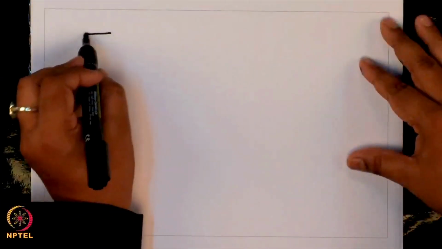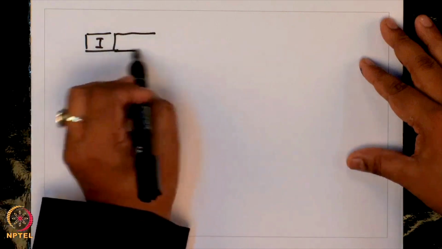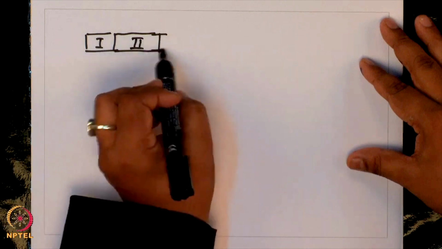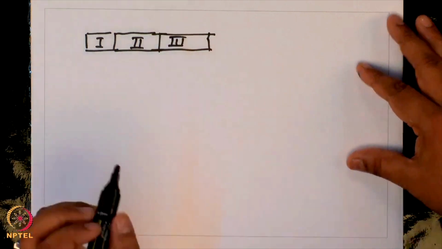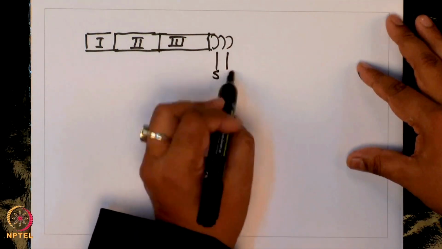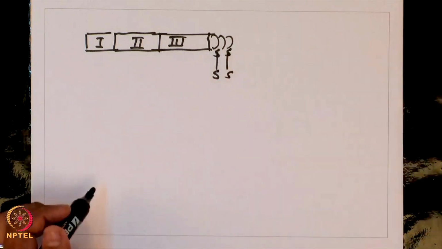If I were to draw approximately the structure of fibronectin, you have these three modules, and there is some extra, and the disulfide bonds are actually at this end. And you have the same thing repeating here.